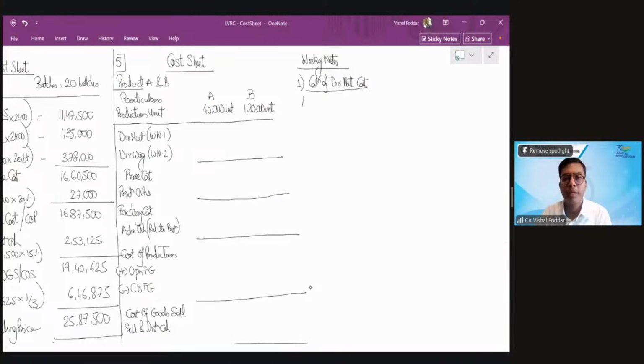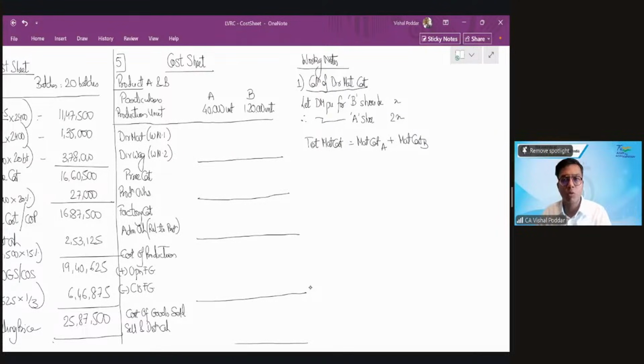So simple maths, let direct material per unit for B shoes be x. Therefore, direct material per unit for A shoe will be how much? 2x because A is twice of B. Now, total material cost is equal to material cost of A plus material cost of B. Right, students?